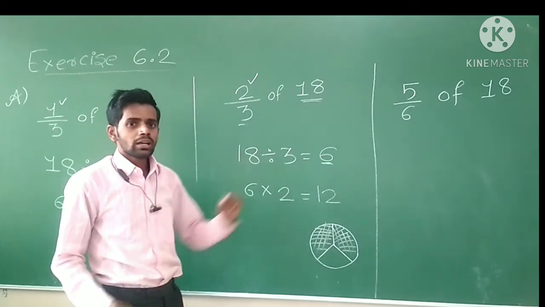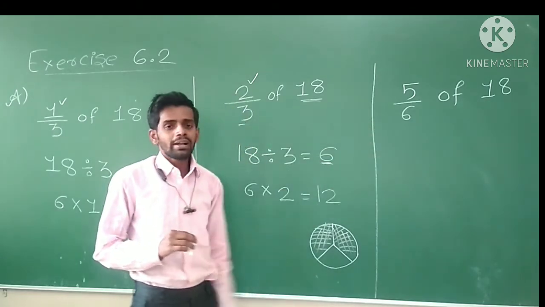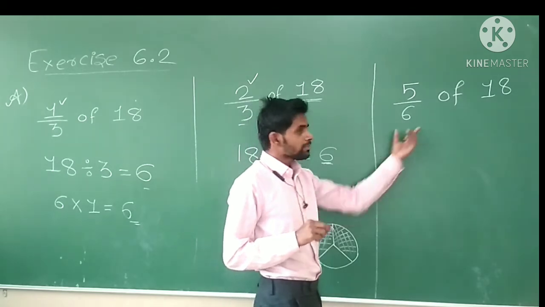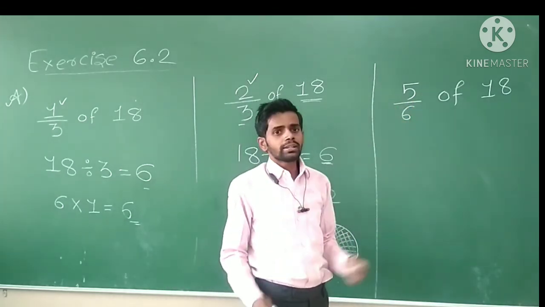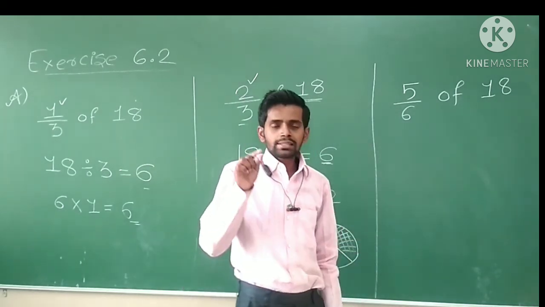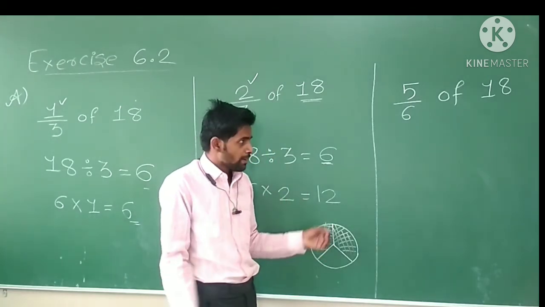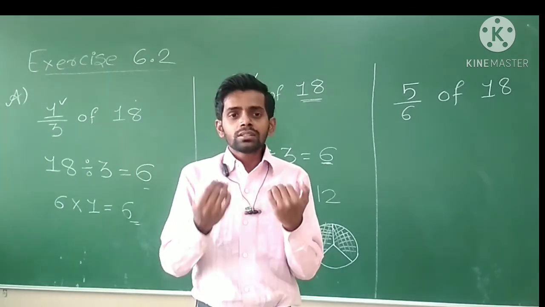Now there is another question and this question has the fraction 5 by 6 of 18. Listen my dear. Here the denominator is 6 and the numerator is 5. Denominator tells us the total number of parts, and the numerator tells us how many parts we are selecting.